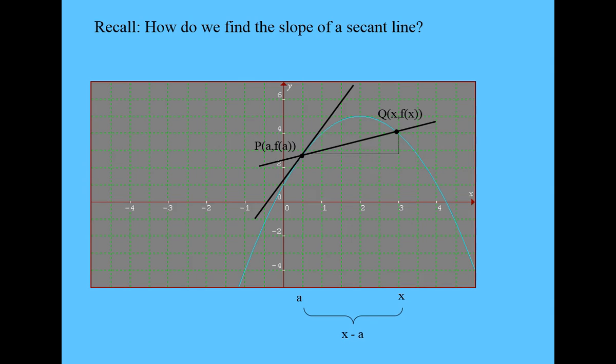And this distance here would be the change in the y value from point P to point Q. So that would be f of x minus f of a. To calculate the slope of that secant line, we would take f of x minus f of a, all divided by x minus a. And that's the slope of our secant line through PQ.